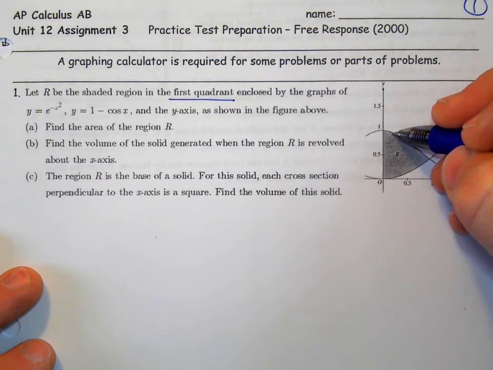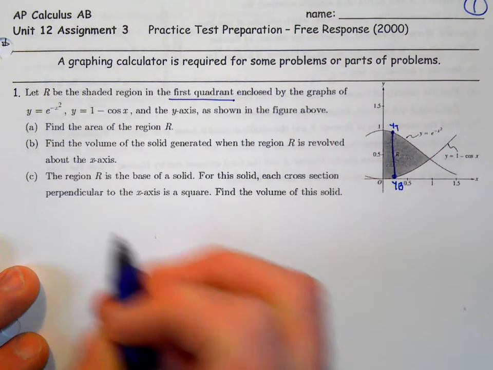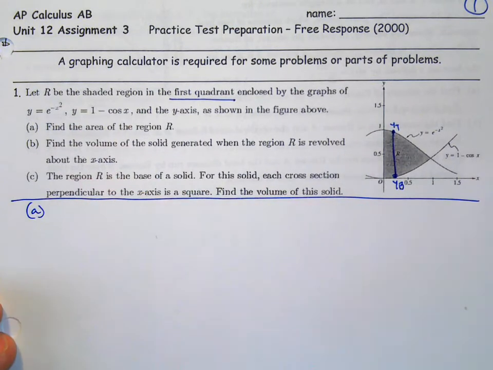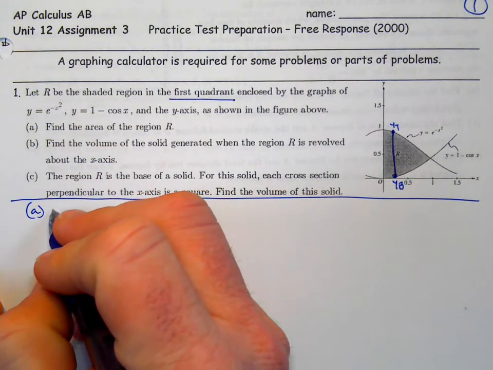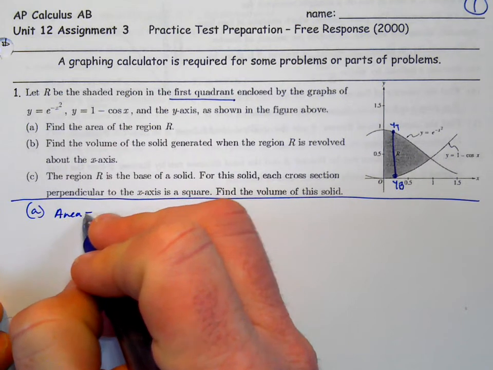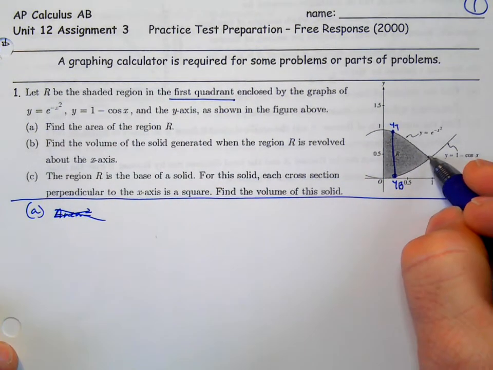We could find the area with vertical slices, y top minus y bottom, to make sure it comes out positive. Even though we're allowed to use a calculator, you have to show the setup. So the setup for the area is going to be, hold on. Before we do that, we need our limits.